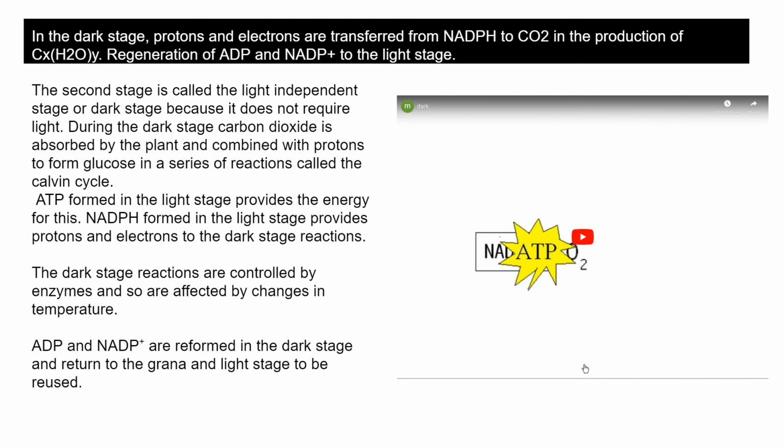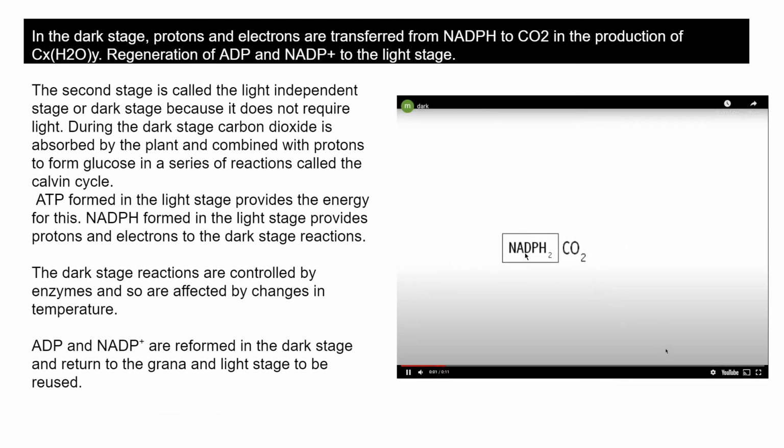The carbon dioxide is going to combine with protons. Protons are carried to the dark stage by NADPH. So that's the big thing. Carbon dioxide must combine with protons, and the energy needed for that to happen comes from the energized electrons that are being carried by NADPH as well. Okay, so this is an enzyme controlled process.